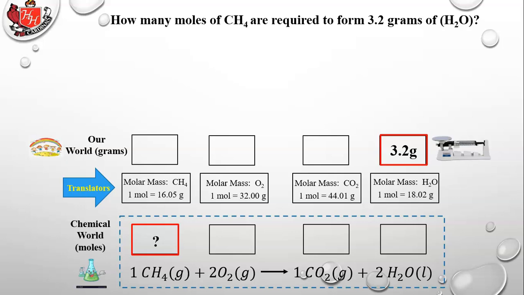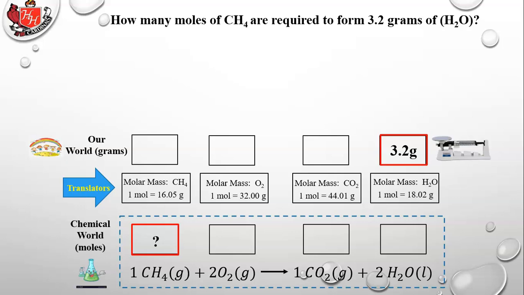The answer is no. We don't know a relationship between grams of H2O and grams of CH4. No such relationship exists that we know of. So what we have to do is go where we know a relationship between CH4 and H2O. That's in the chemical equation. That's the only place where we have a relationship, and it's in moles.